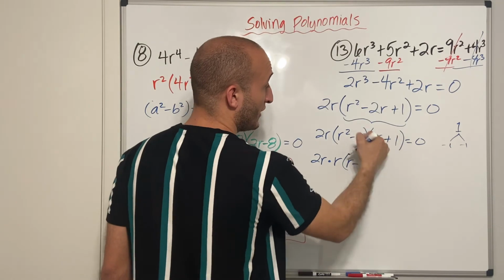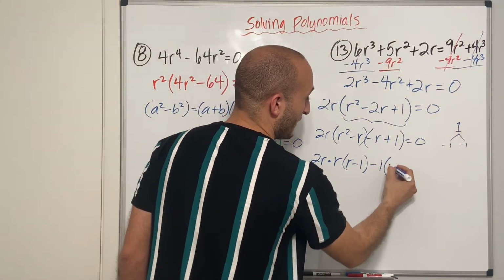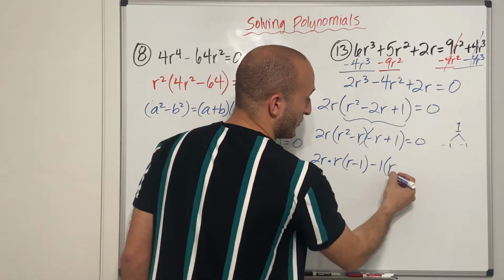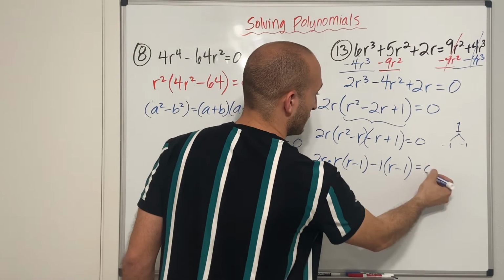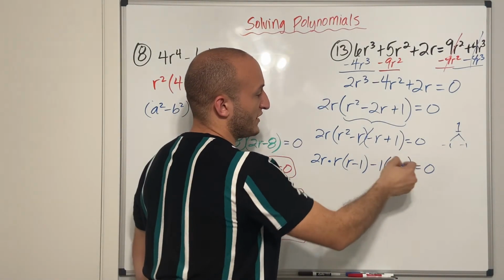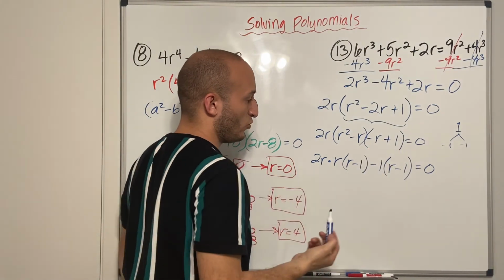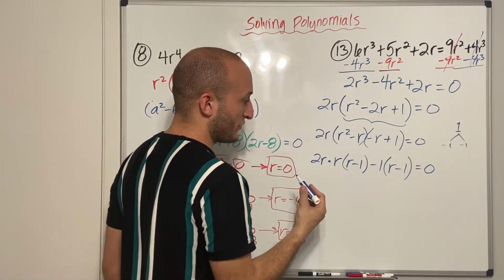I'm gonna pull out a negative 1 here, and I'm left with a negative, r minus 1 equals 0. Now, if I distribute this, I would also get that. So we have the same thing inside the parentheses, so we know that we're on the right track.